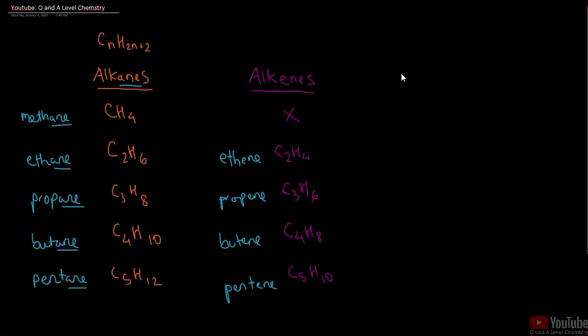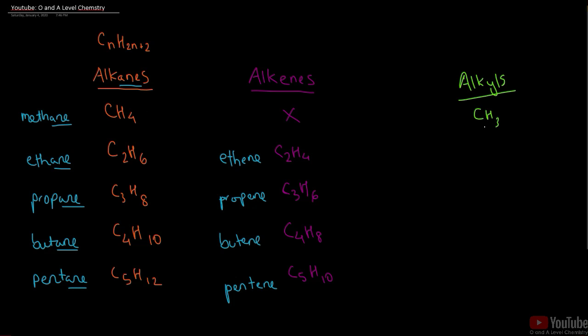All right, now I'm going to talk about something called an alkyl. Alkyls, I'm going to talk about alkyls. So in this case, alkyls are basically stuff that will have 1 hydrogen less than a corresponding alkane.